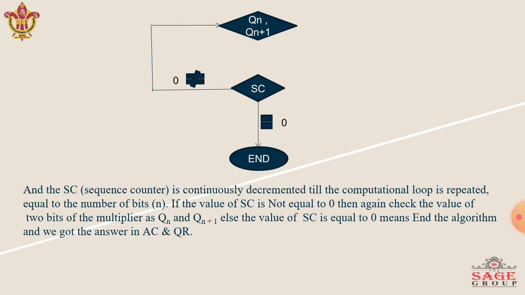If the value of the sequence counter is not equal to 0, then again check the two bits of the multiplier, Qn and Qn plus 1. Else, if the value of the sequence counter is equal to 0, end the algorithm and we get the answer in AC and QR. This is a description of both multiplication algorithms.